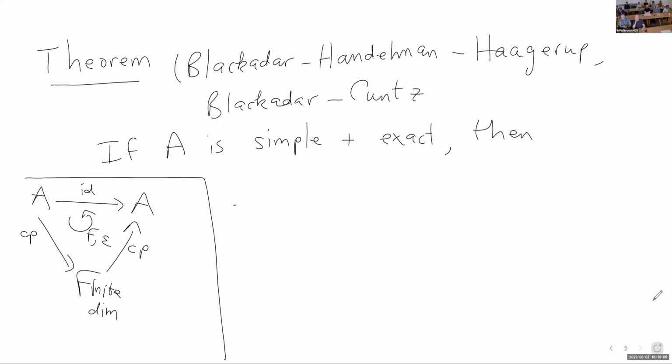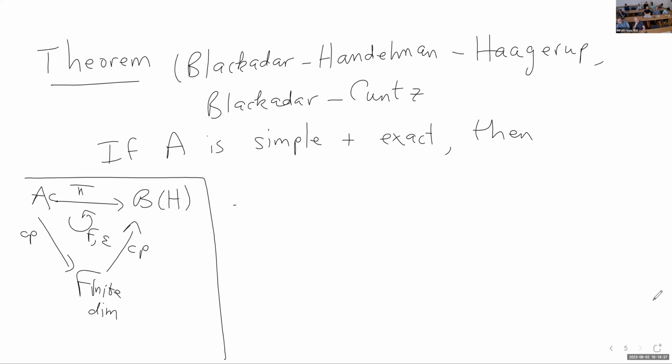Exact is a weakening of this, where instead of the identity being approximable in this way, we want there to be some embedding of A into some B of H, such that this holds. So there is a representation of A on B of H, such that we have this approximation happening for any finite set and any epsilon.